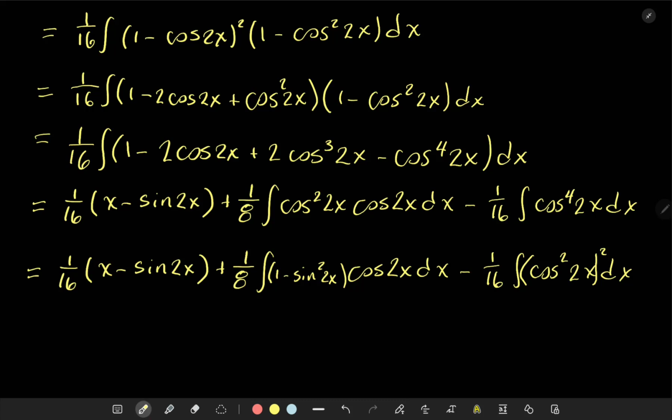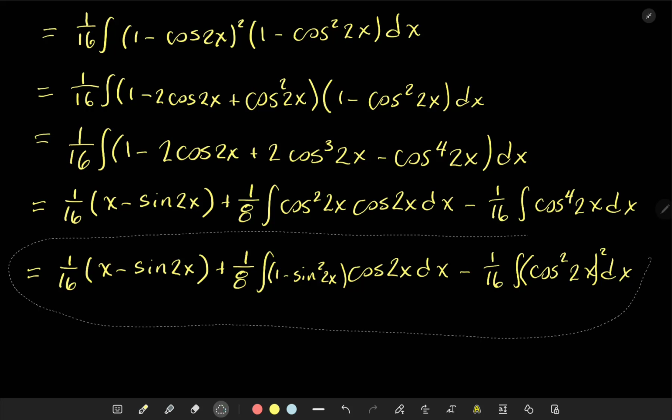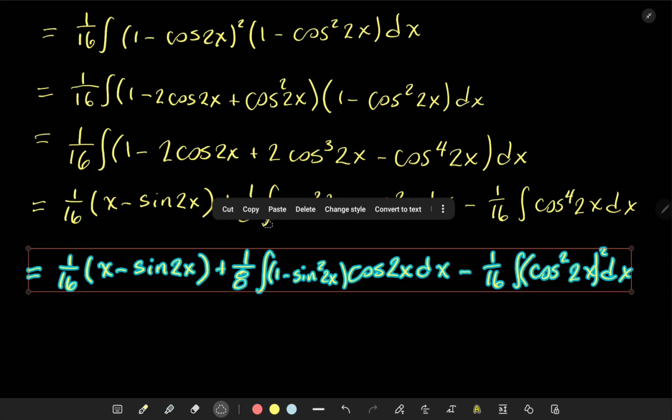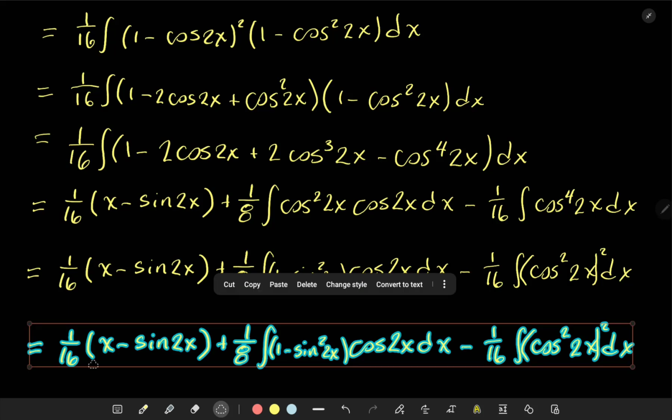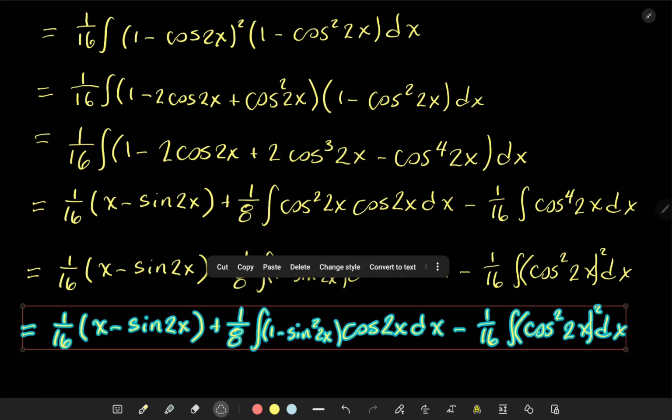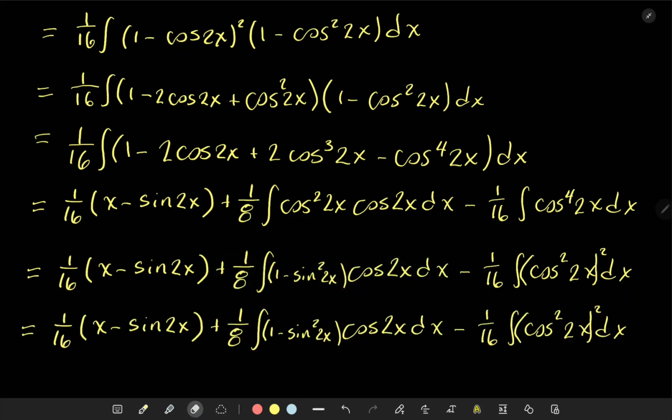So with that, I'm going to copy this one. I know, a lot of writing. Paste it there. And we're going to go ahead and now change this one. With 1/2, it's going to be squared, it's going to be 1/4. Is that right?